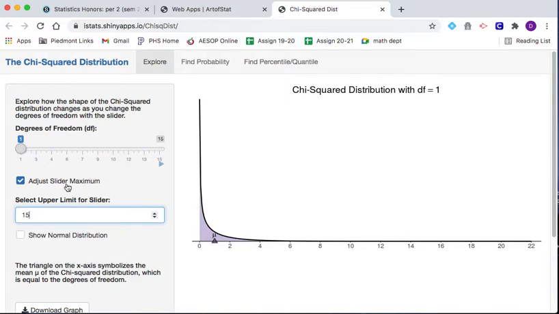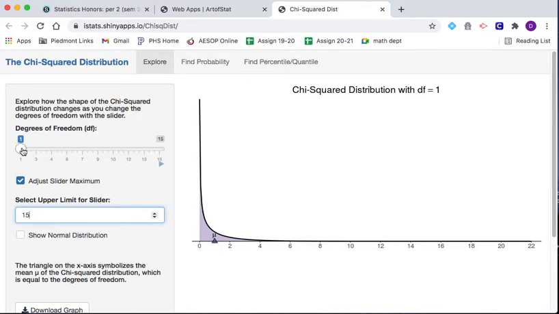As I adjust the degrees of freedom from 1 to 15, notice with 1 degree of freedom, this thing is really, really skewed. And also notice that with 1 degree of freedom, the average of the distribution, the expected value, is 1. We'll watch how those things change.